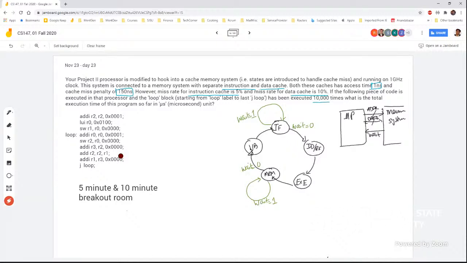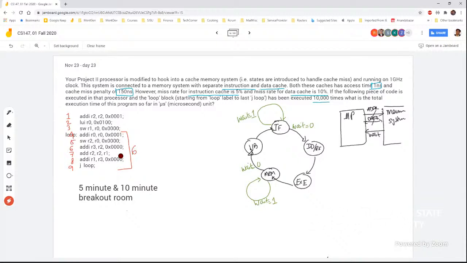This is 1, 2, 3, 4, 5, 6, 7, 8, 9. And within this loop, we have 1, 2, 3, 4, 5, 6, so 6 instructions.